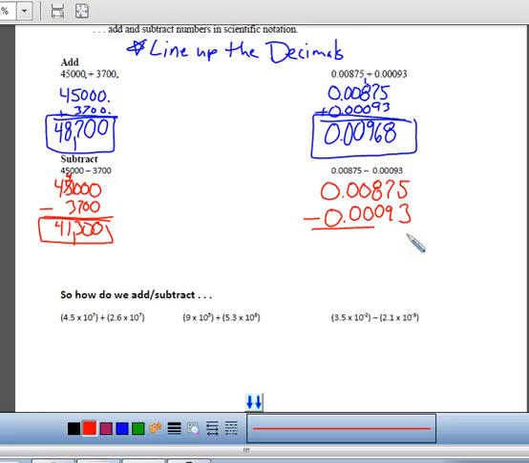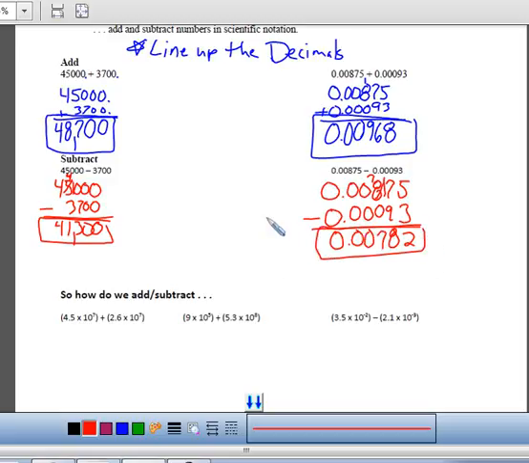So, 5 minus 3 is 2. That's an easy one. I cannot take 9 from 7, so I'm going to borrow from the next unit above. 17 minus 9 is 8. 7 minus 0 is 7. Bring down your zeros. And a final answer of 782 hundredths.